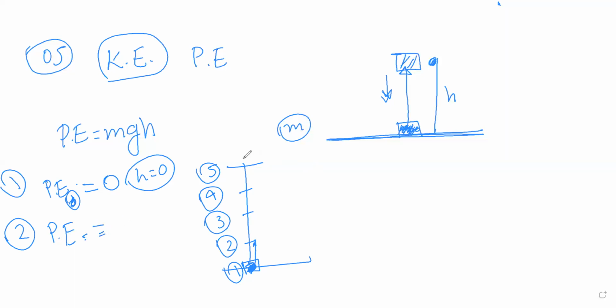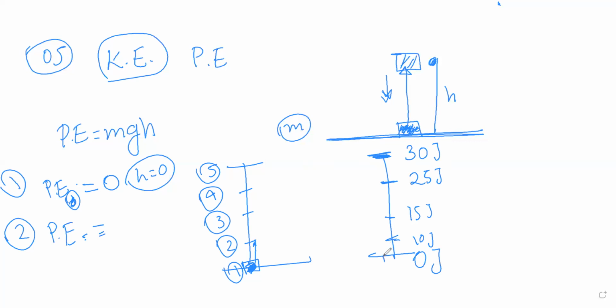Suppose we make a scale. Suppose this is 30 joule of potential energy here. Here it's 0 joule because there is no energy. In this position, maybe it's 25 joule, in this position 15 joule, and in this position 10 joule.